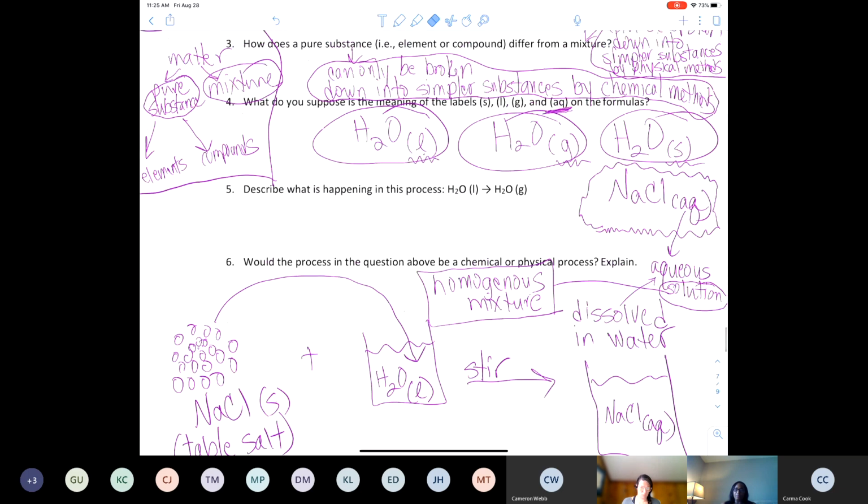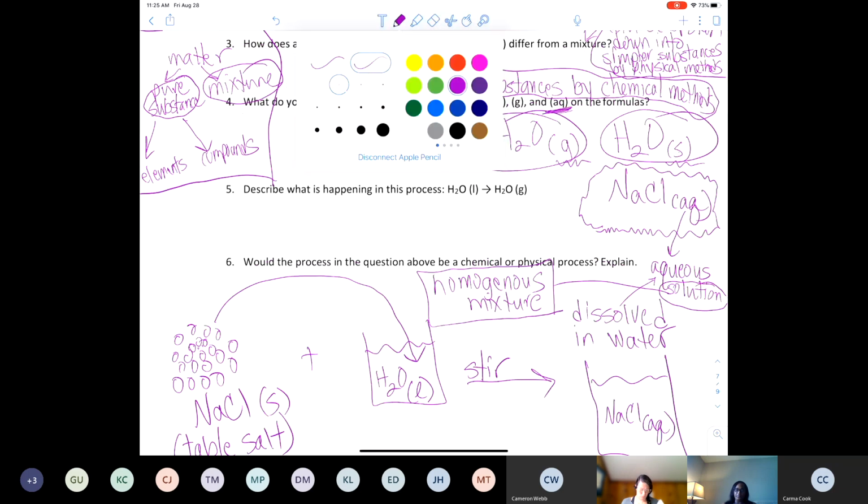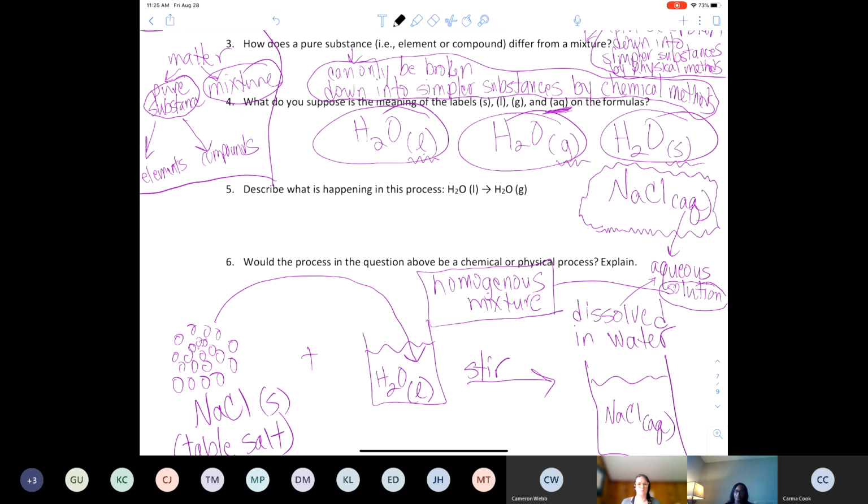So any questions about number 4, what these labels mean? So question 5, what's happening there? Condensation. Going from liquid to gas. Mm-hmm. Water evaporated. Right, that's vaporization. Condensation would be the opposite.